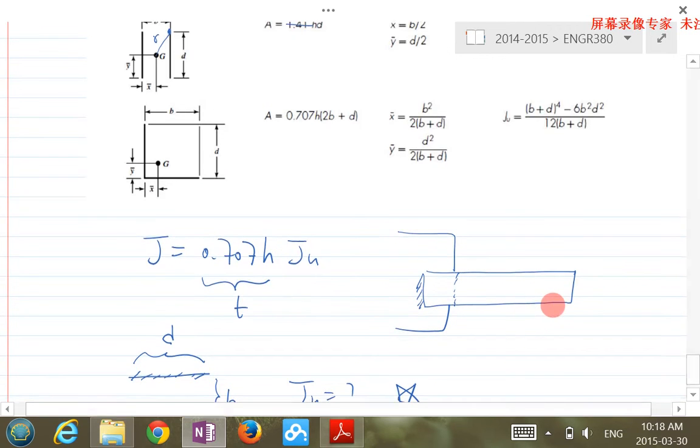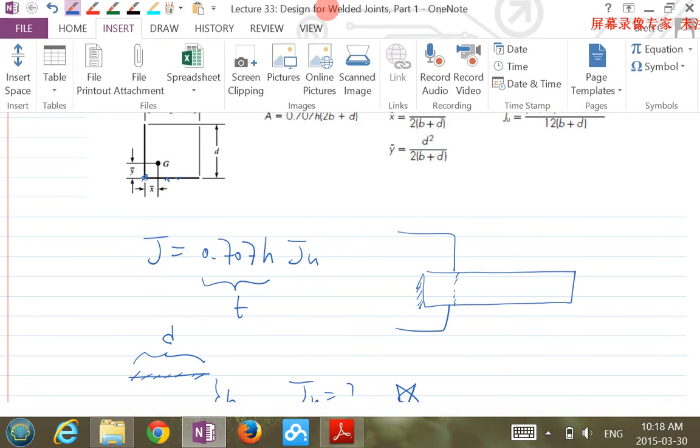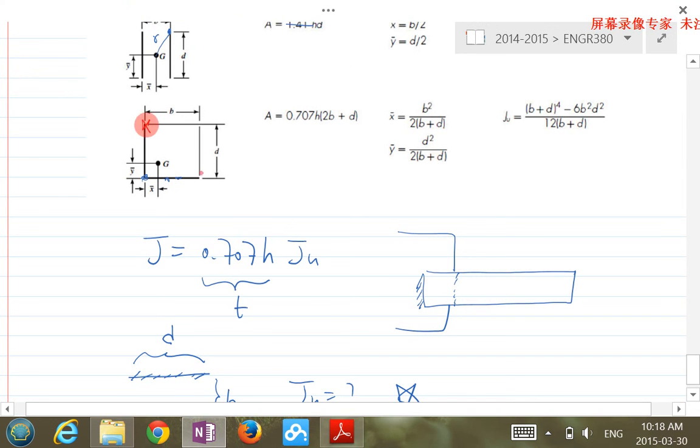Similarly, for other shapes like this, if you have a geometry like this, then this is your JU, right? You need to know this is the b, this is d, and the x bar, y bar, and you also need to know where is the critical location. For example, for this one here, which critical location would you look at? Are you going to look at this location, or here, or here, or what? Maybe I should look at the edge, right?